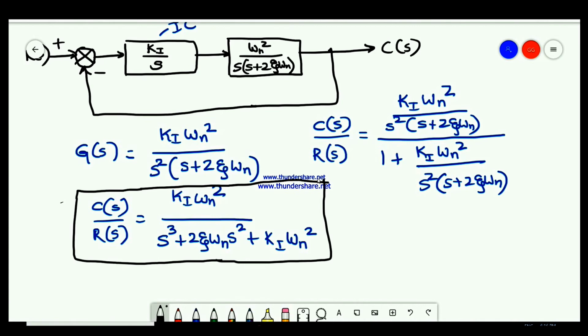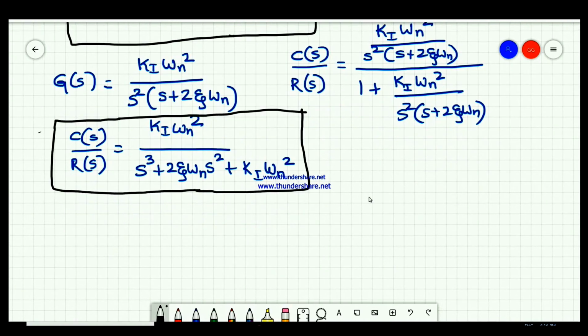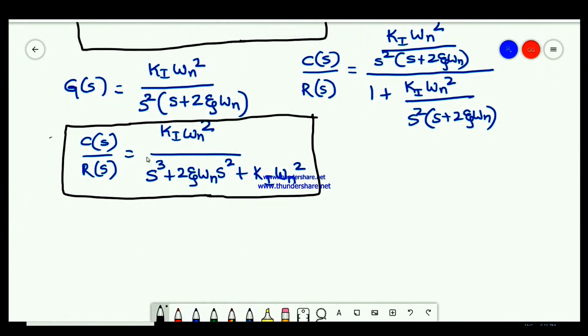Now if you see, omega n square is multiplied by Ki, so the natural frequency is effectively increased. Therefore the time specifications dependent on omega n get reduced, so the system response would be faster.